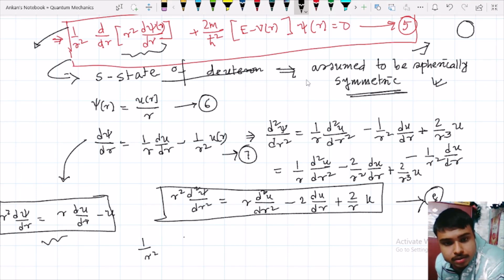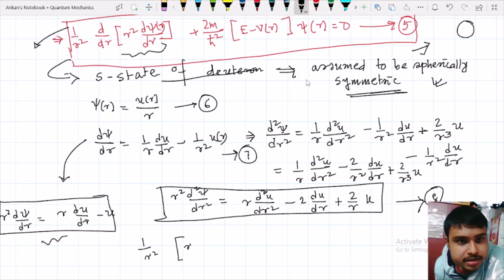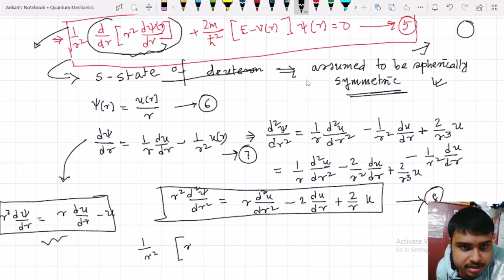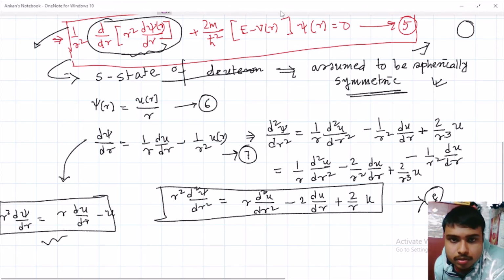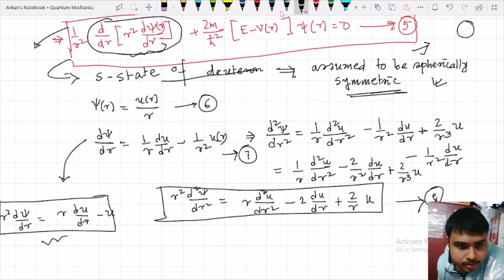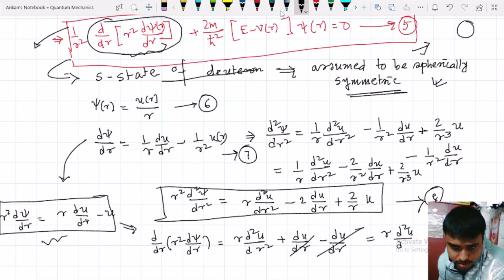Let's further calculate d/dr of r square d psi dr. So r d2u dr2 plus du dr minus du dr. So this will vanish and simply becomes d2u dr2.